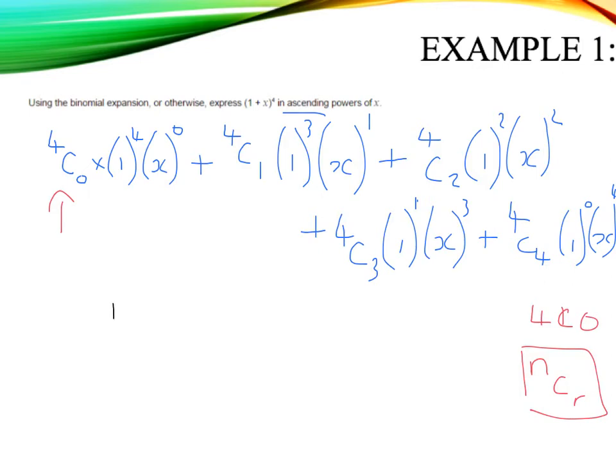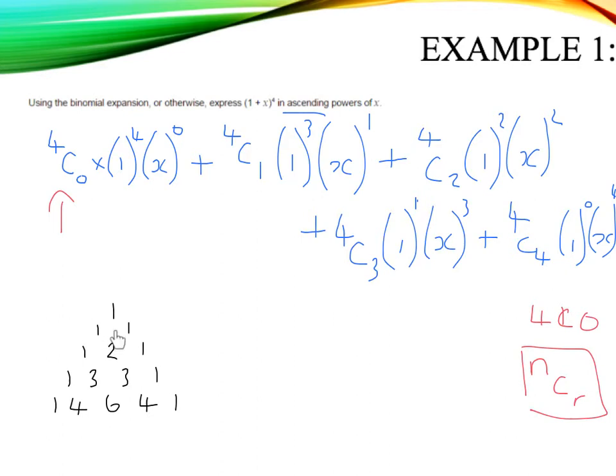They come from something called Pascal's triangle. Now Pascal's triangle looks a little bit like this. What happens is the number below two numbers added together forms this value. The first row is just 1, and then we have a pair of 1s.